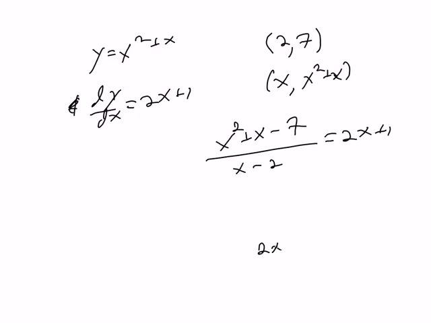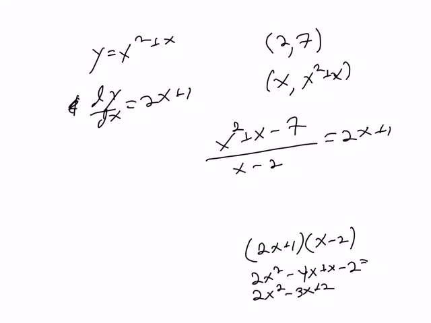Multiplying, we get (2x plus 1) times (x minus 2). Well, this gives us 2x squared minus 4x plus x minus 2, so this gives me 2x squared minus 3x minus 2.